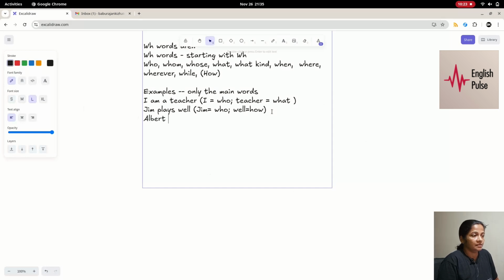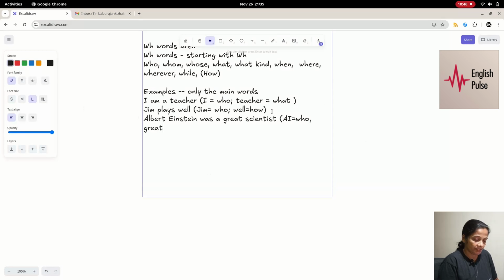Albert Einstein was a great scientist. Start identifying. Albert Einstein, short form AI. Who? Was, were. Then the next word, great. So what is great?